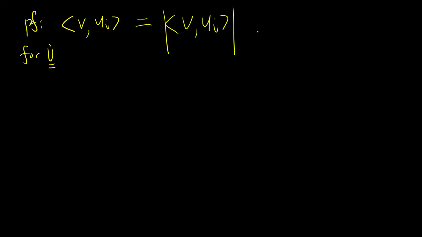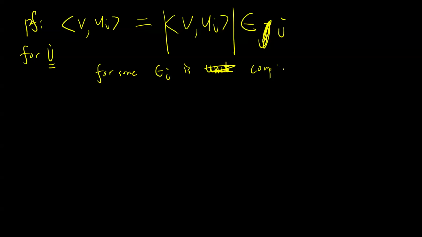The key idea is that for any i, this inner product is a complex number. So I can write it as epsilon i times its absolute value, where epsilon i is a complex number with absolute value equal to 1.